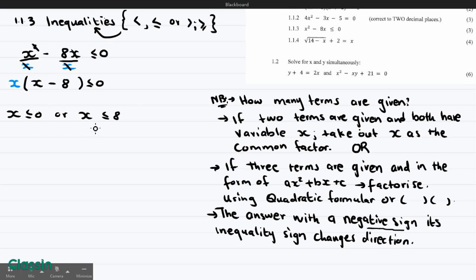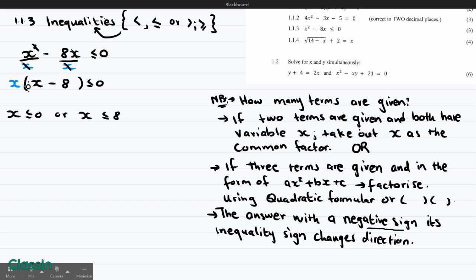So in this case, it means that the answer with a negative sign, we need to take into consideration x is less or equals to negative 8. Now, what does it mean? If you put 8, it means that you're going to get 0. Any value that you put here, I get 0.